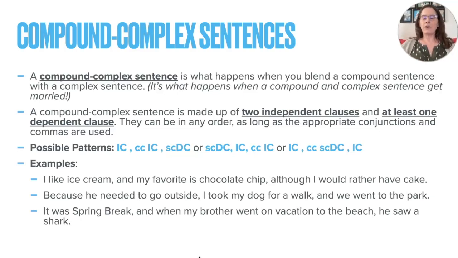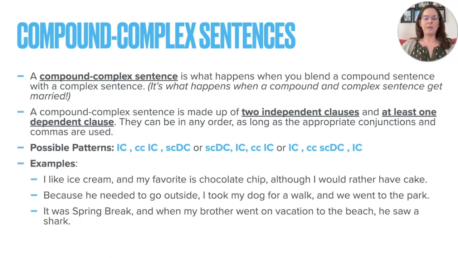And then the other possible is you can interrupt your two independent clauses with your dependent clause. You can start with an independent clause, comma, coordinating conjunction, and then throw in your dependent clause, and then have a comma, and then add your last independent clause. So there's a lot of patterns you can follow as long as you can find two independent clauses and at least one dependent clause.